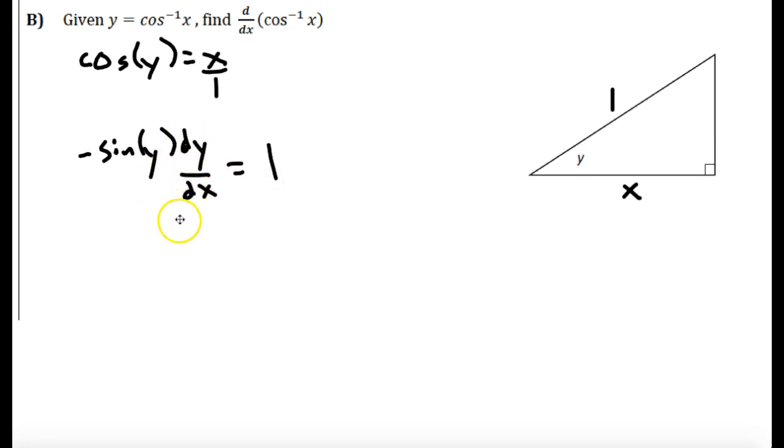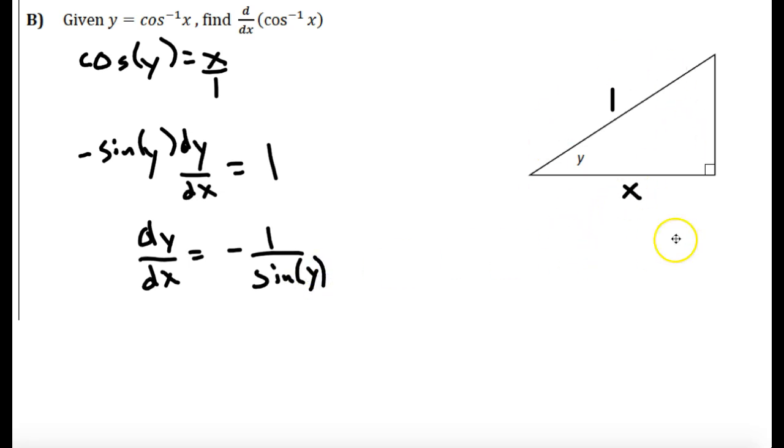Again, get dy/dx by itself, so divide both sides by the negative sine of y, and we will end up with dy/dx equals, and I'll just pull that negative sign out front, negative 1 over the sine of y.